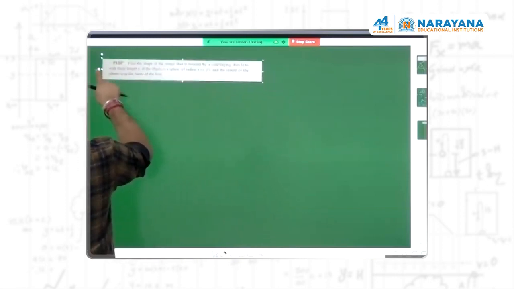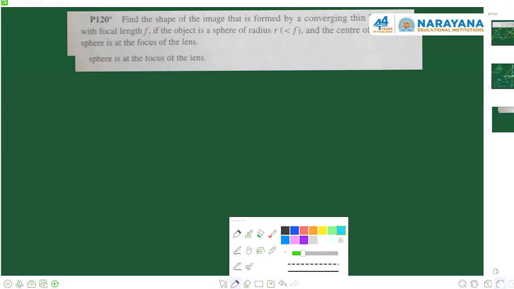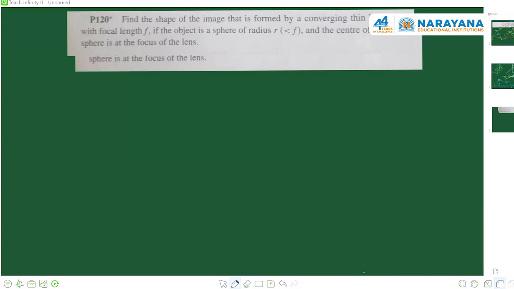Read the question carefully. What is the shape of the image that is formed by a converging thin lens of focal length f if the object is a sphere of radius r, which is less than f, and the center of the sphere is at the focus of the lens?